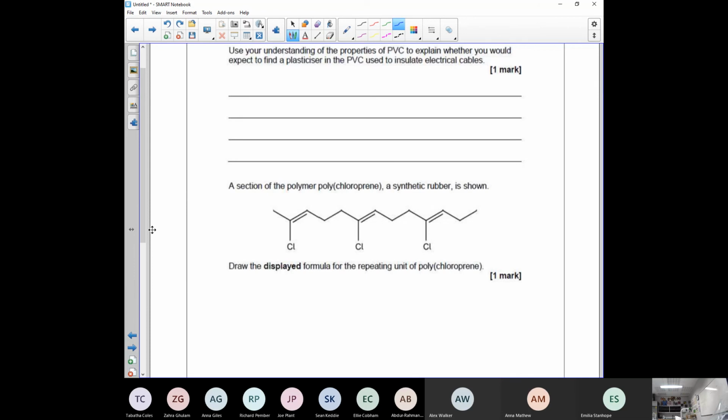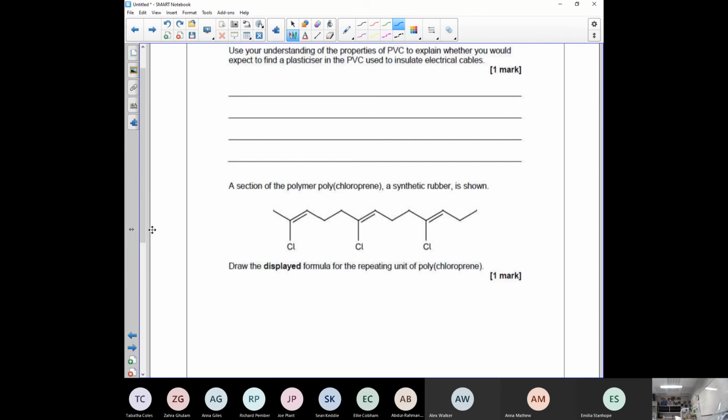Obviously it can't conduct electricity. Polymers don't do that anyway. With most electrical cables, they have to be flexible. If you notice any electrical cables anywhere, they're all nice and flexible. So you have to be just a bit aware of what electrical cables are and what they have to be able to do.